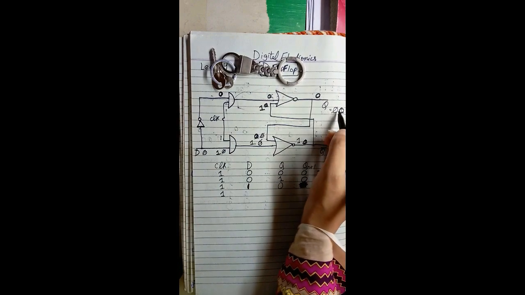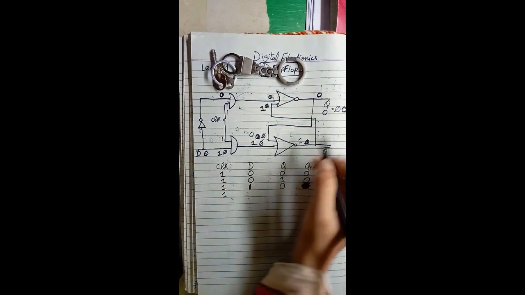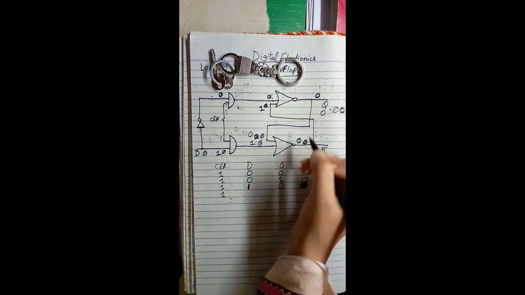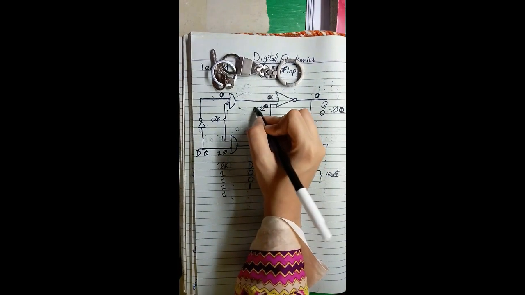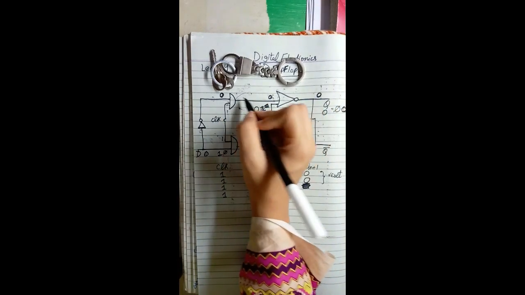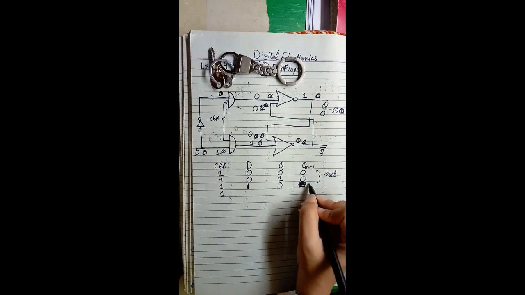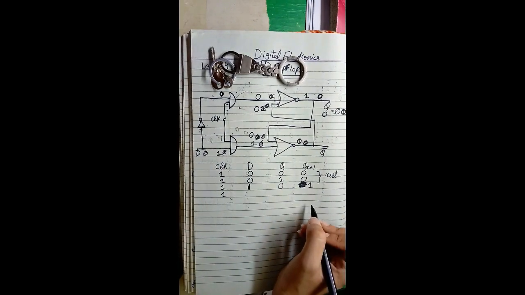The other input, we are imagining Q is equal to 0. So 0 and 1 will give us 0. Here we have the input 0. And from here we have 0 and 1. The input 0. 0 and 0 will give us 1. Here we have Qn plus 1 equal to 1.